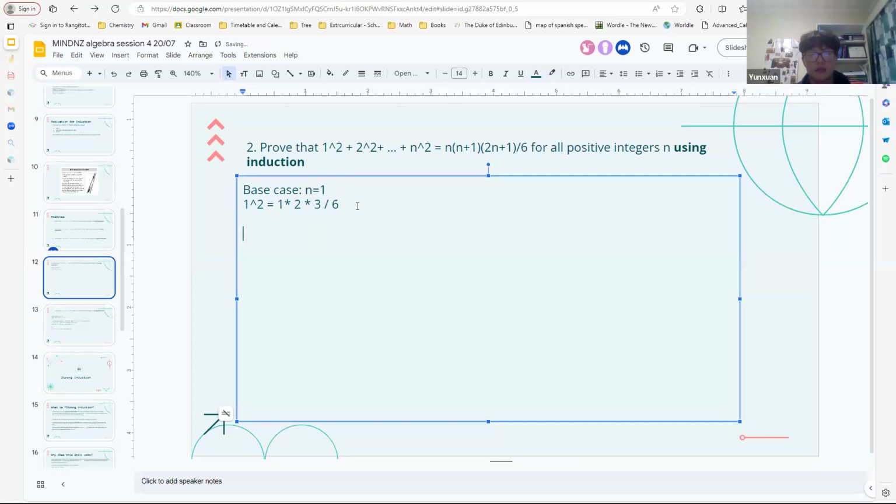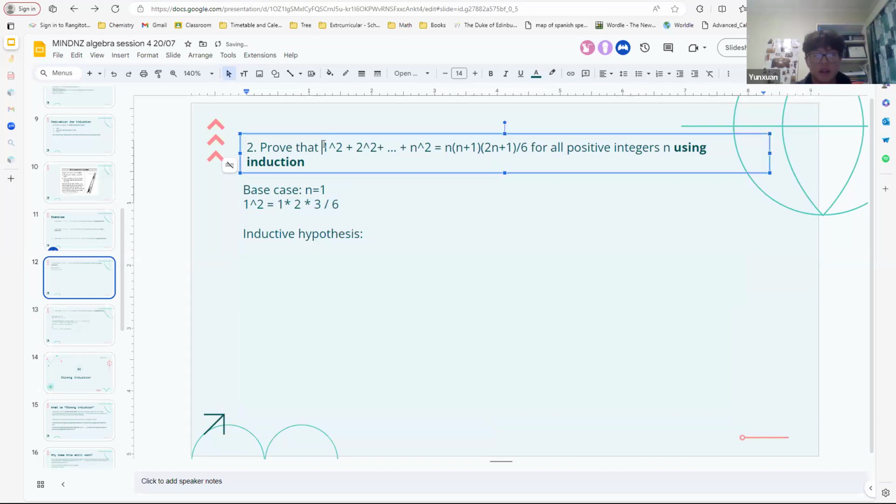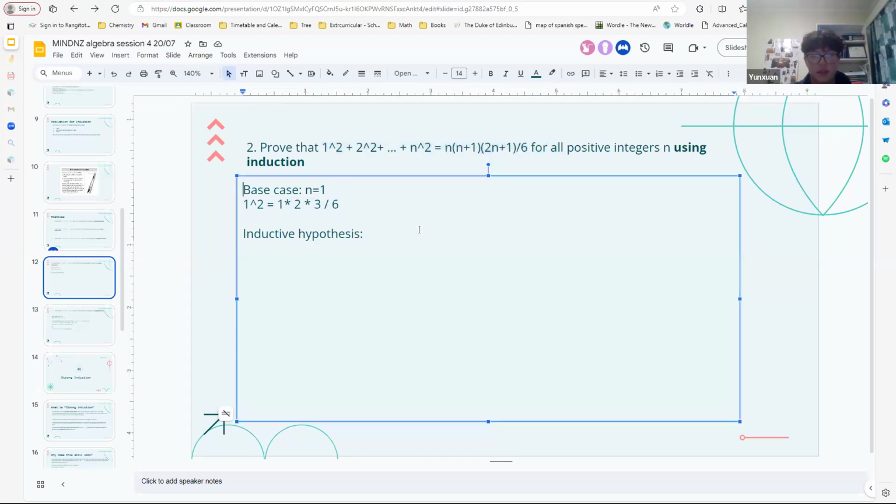And then now we have to move on and make our inductive hypothesis. What would our inductive hypothesis be? It would be that this is true for some k. We don't need to know what k is. We just know that it's true for some k and k is arbitrary.